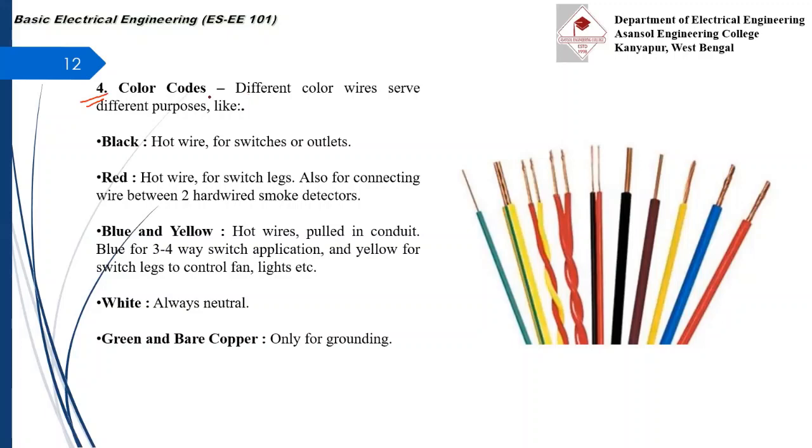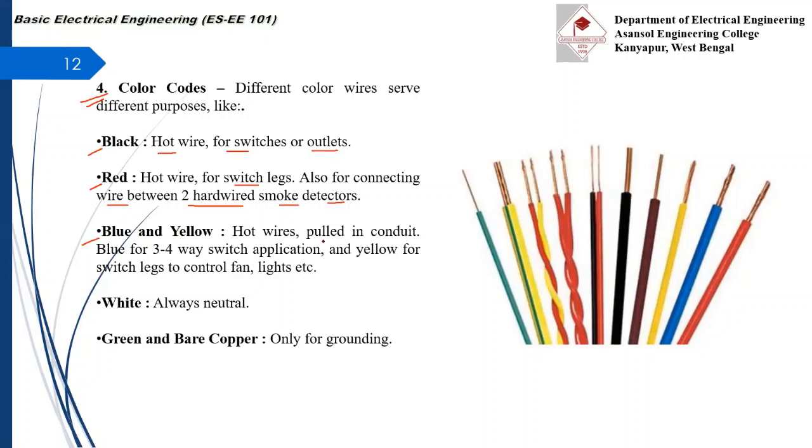Okay, now first one is black. It is called hot wire, for switches or outlets. Next, red. Hot wire for switch legs, also for connecting the wire between two hardwired smoke detectors. Okay. Next is blue and yellow.